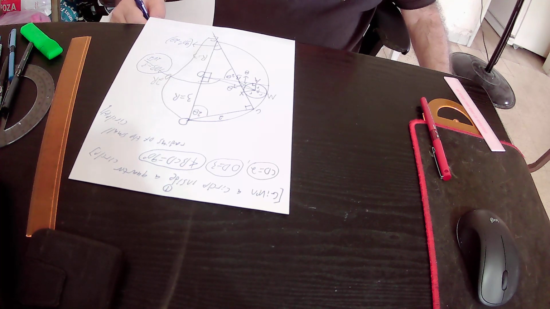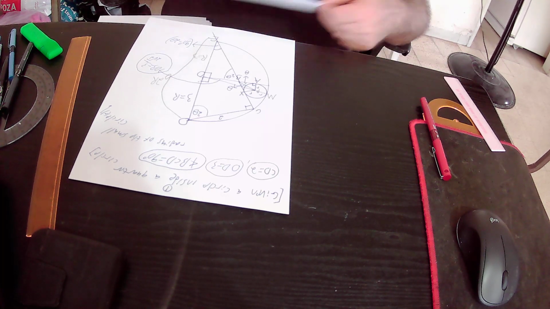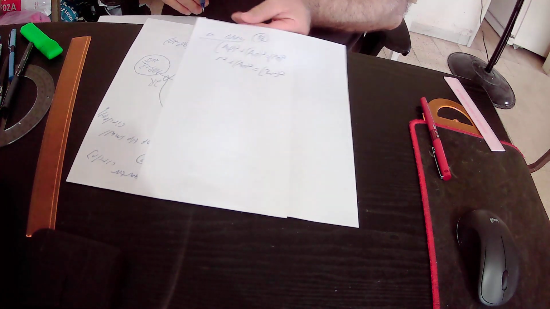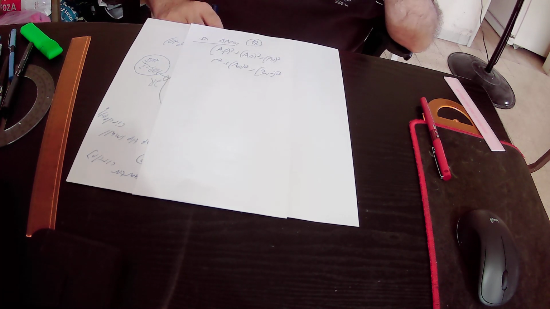We have already found out that PO equals 3 minus r, so PO square is (3 minus r) square. So in total we got that r square plus AO square equals (3 minus r) square.